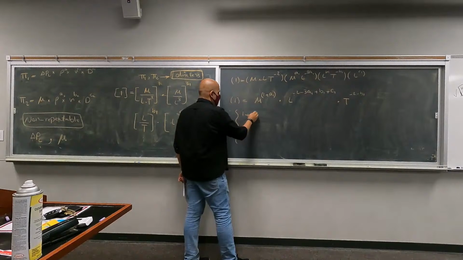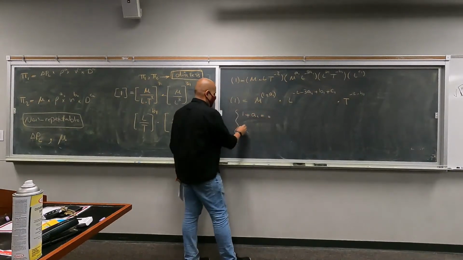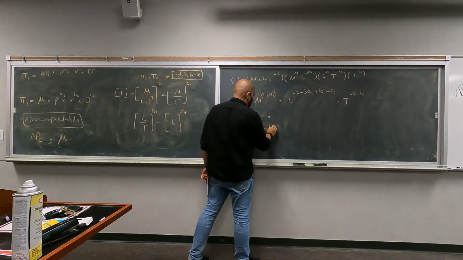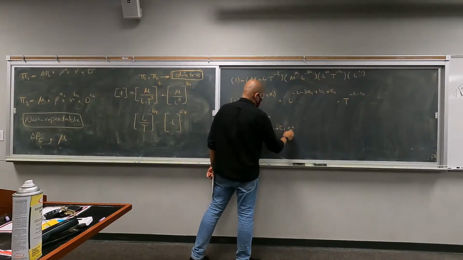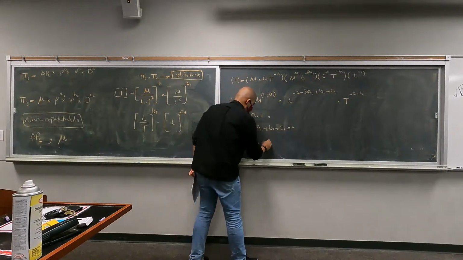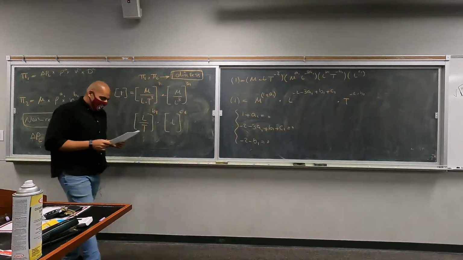So 1 plus a1 has to be equal to 0. Negative 2 minus 3a1 plus b1 plus c1 has to be equal to 0. Negative 2 negative b1 has to be equal to 0.